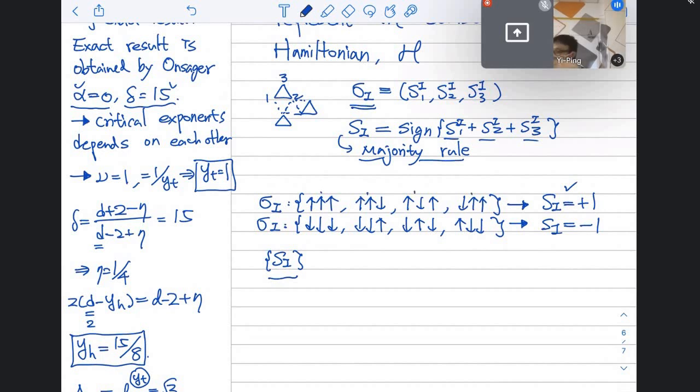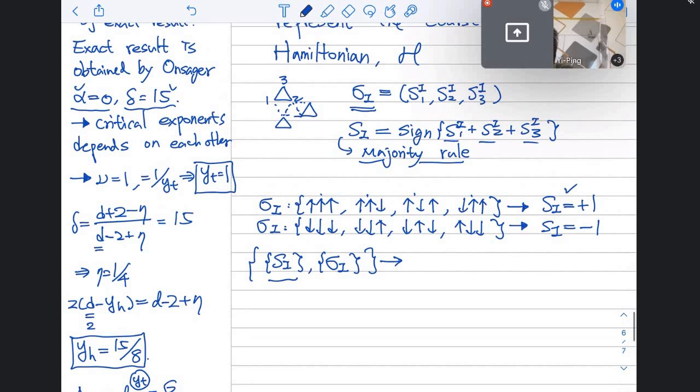In order to specify a one-to-one correspondence with the original microscopic spins, you need to specify the other set of sigma_i's. If you give me the possible S_i and the corresponding sigma_i for each triangular block, then I can recover one-to-one my original microscopic spin configuration. So combining these 2 expressions, we should be able to recover the microscopic configuration.